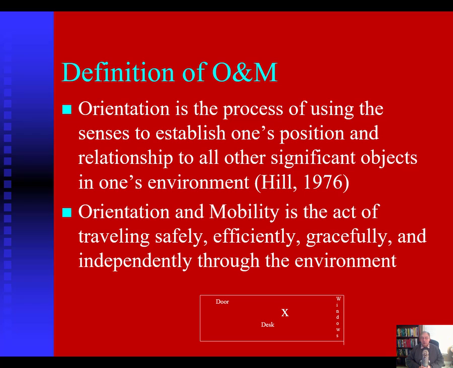Let me give you an example. I had a lesson with a low vision child, and we were walking around, and I asked the child to pick out some landmarks that the child could use to identify when we got back to that same spot.